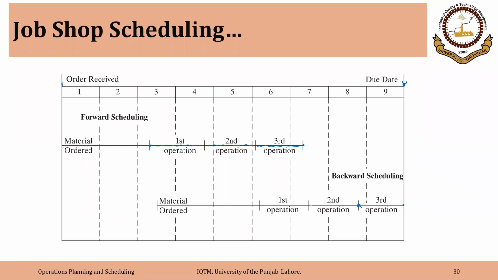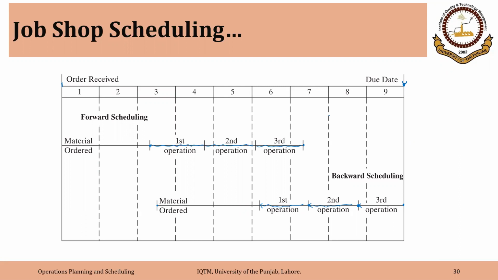So we schedule back and decide the starting date of operation 2, and that is the end date of operation 1, and we schedule back to decide the start date of operation 1, and similarly for the material order. Of course, this time is an estimate and depends upon the historical data.